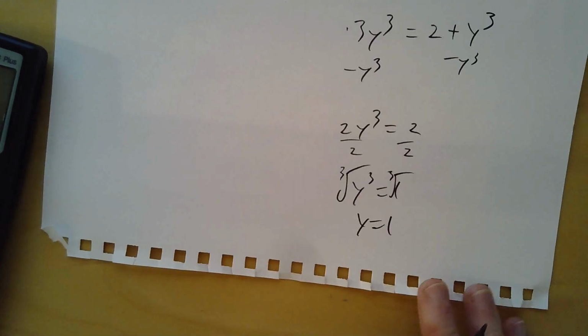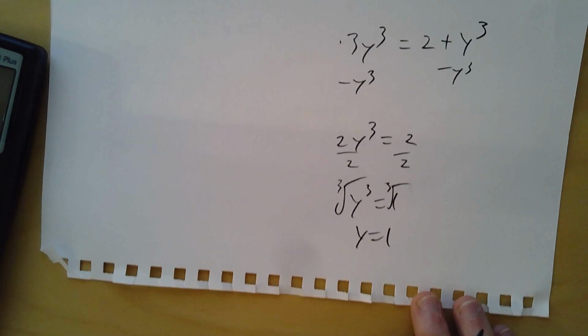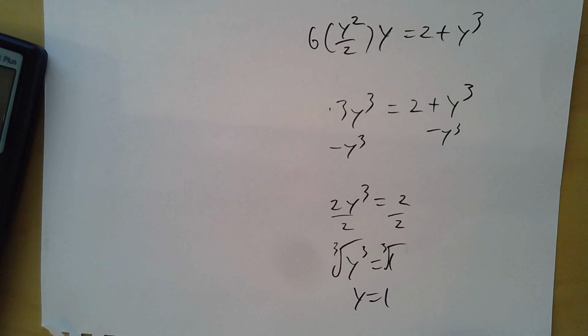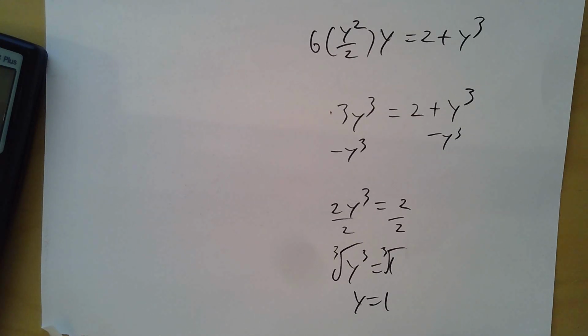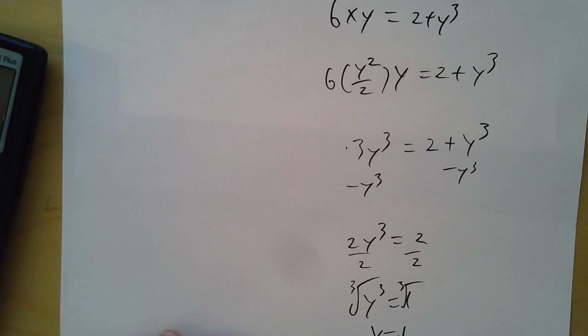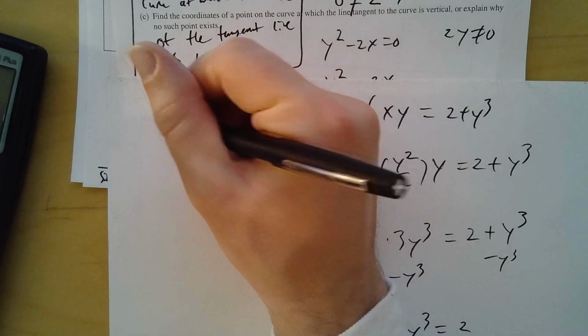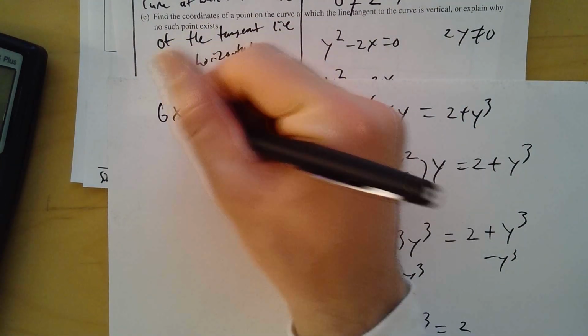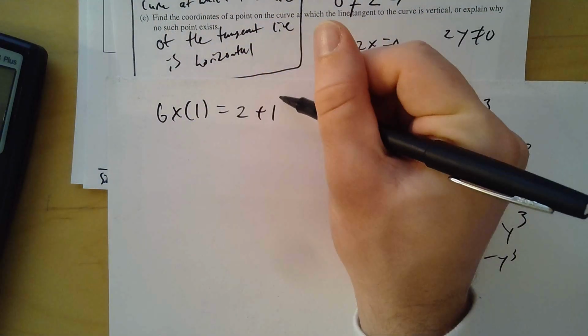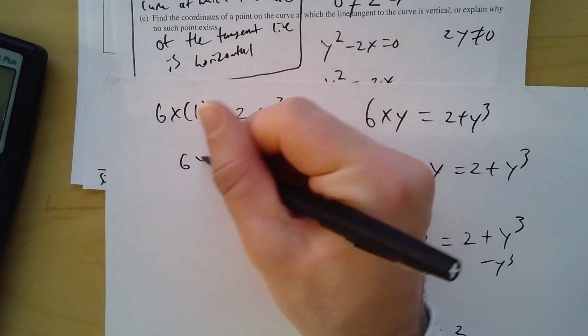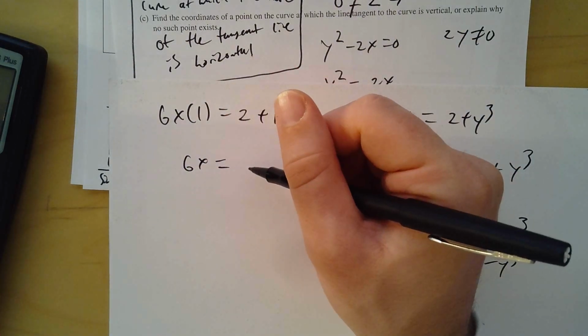Then you can take the fact that y equals 1 and plug it back into the formula. So it's 6x(1) equals 2 plus 1 cubed, which is 1. So 6x equals 3.